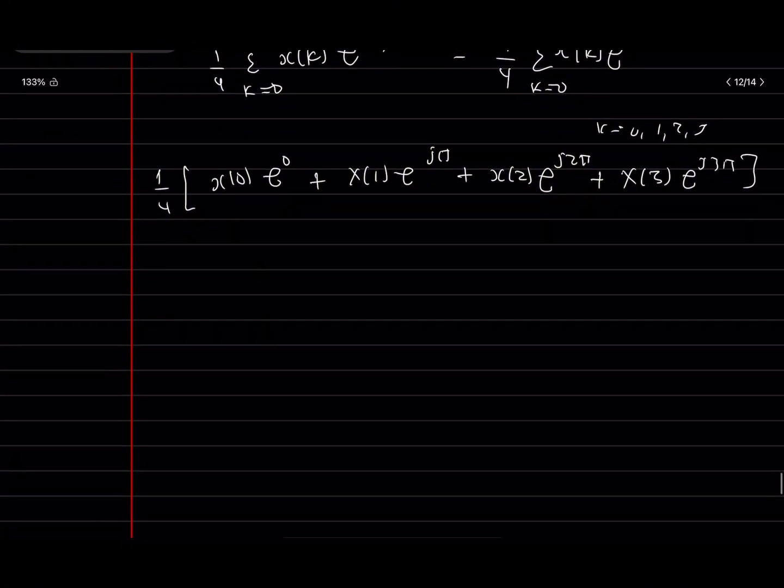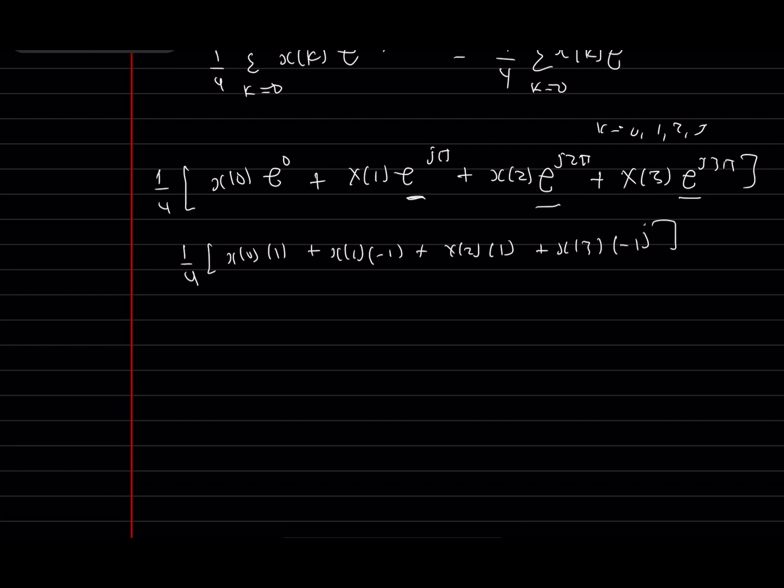So based on this, we are going to get something like 1 over 4 multiplying by x of 0 and then 1 plus maybe x of 1. When we simplify this, we are going to get negative 1 plus x of 2. When we simplify the exponent j 2 pi, we are going to get 1, and then when we simplify exponent j 3 pi, which is x of 3, we are going to get negative 1.